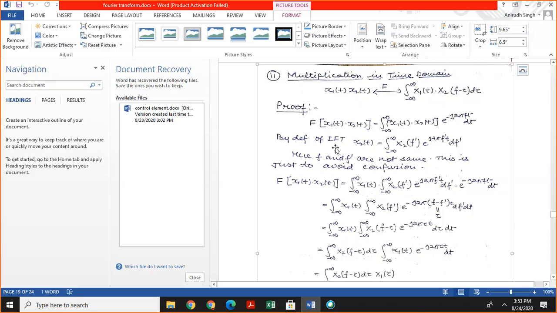By the definition of the inverse Fourier transform, x2 of t is given by the integration from minus infinity to plus infinity of X2 of f1 dash exponential j 2 pi f1 dash t df1 dash.